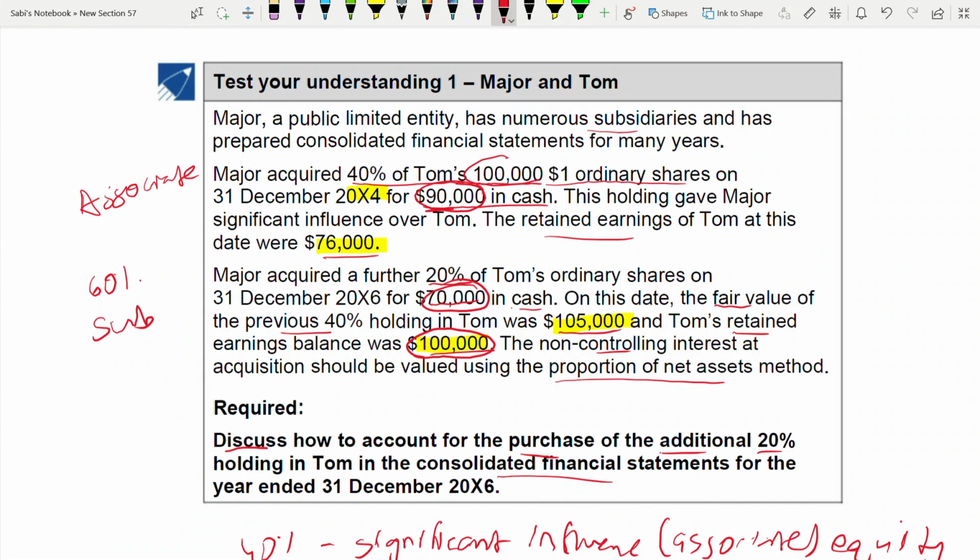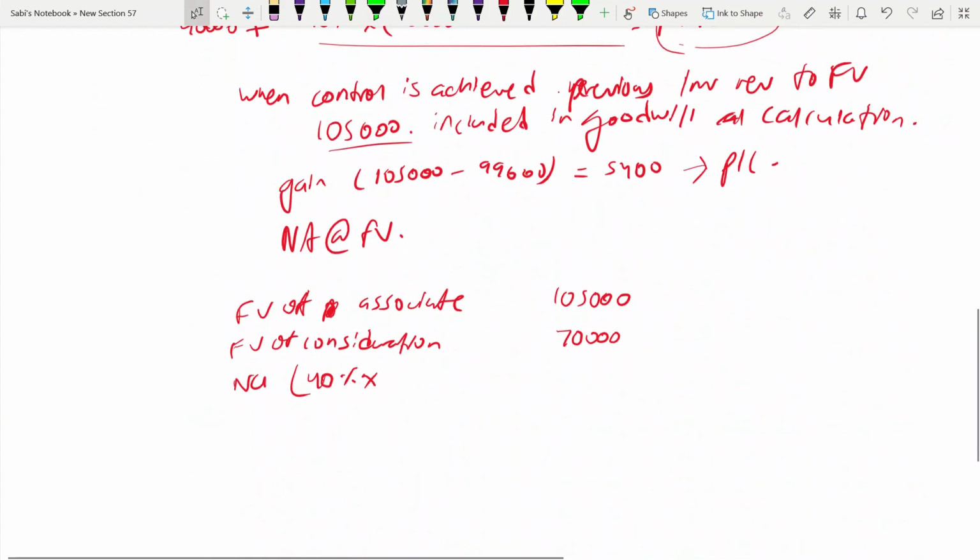Okay, I will highlight it for you, maybe in a different color. This 100,000 is share capital, and the retained earnings, how much? This 100,000. So this 200,000 is the net asset. So 40% of 200,000 is 80,000.